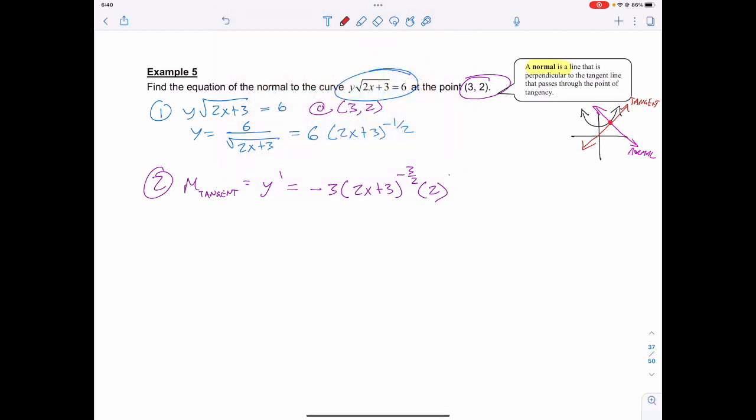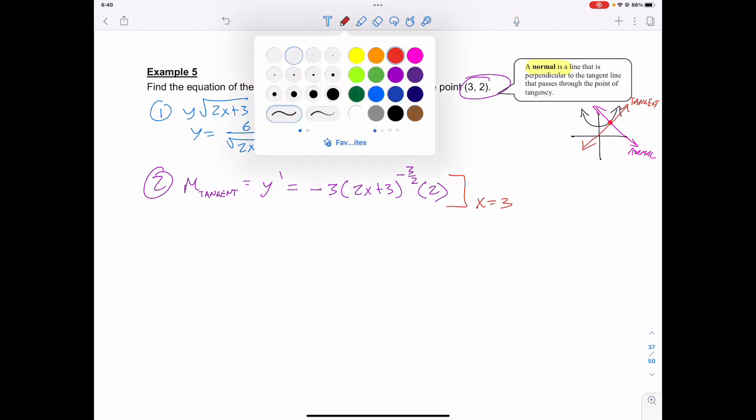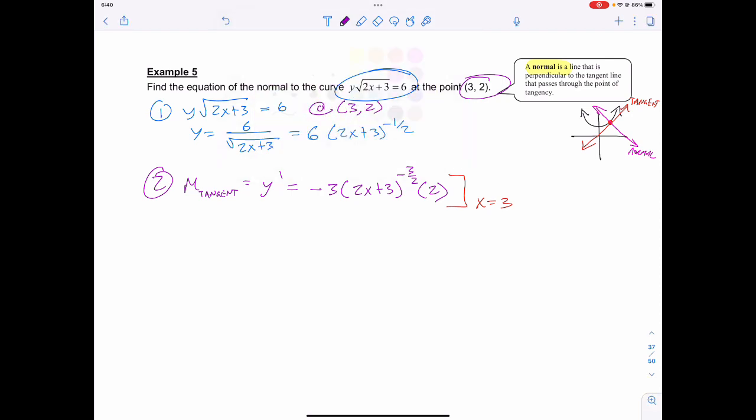And this is going to occur when x is equal to 3. Which means that the slope of my tangent is equal to negative 6 times 2 times 3 plus 3 to the power of negative 3 over 2.